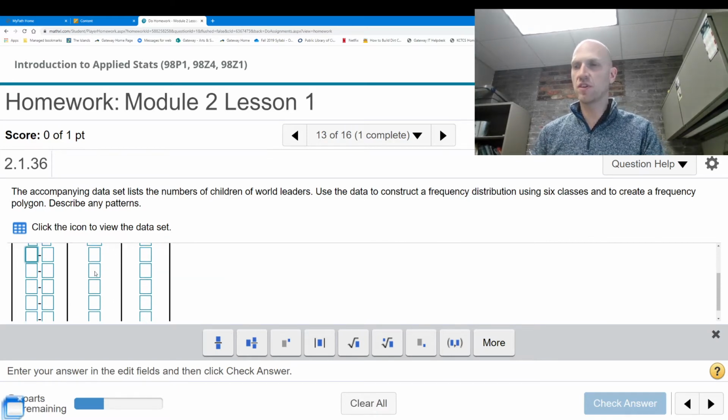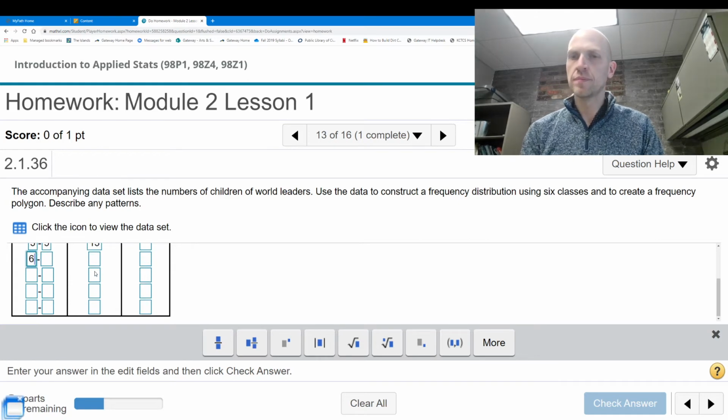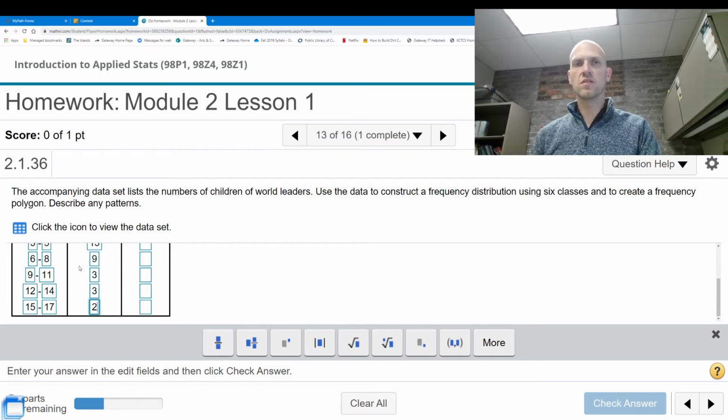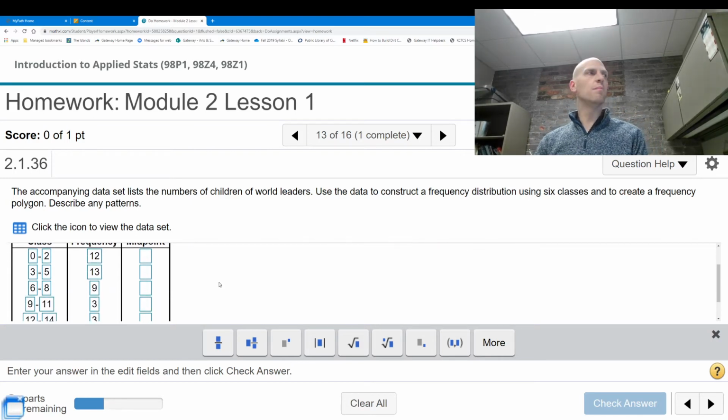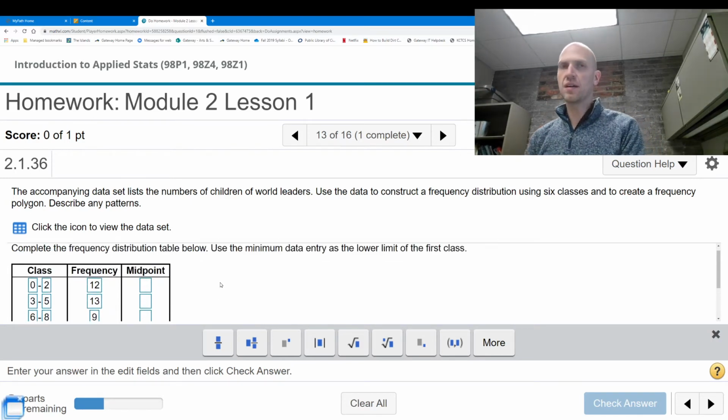I'll get the midpoints eventually, but right now let me just fill this in. Okay, so there's all that. Now I need to go back and get the midpoints. I did not see that coming.